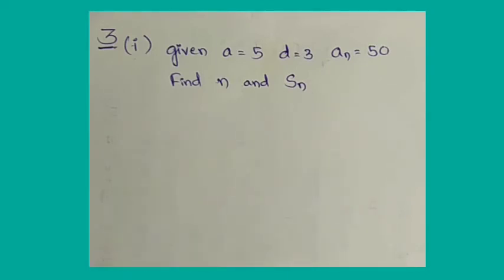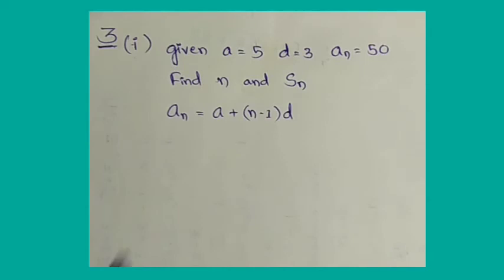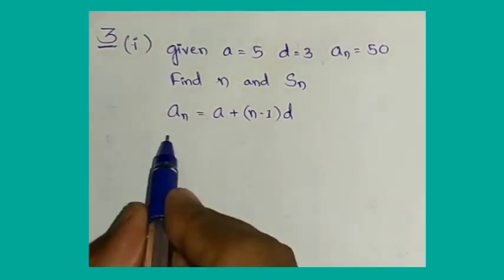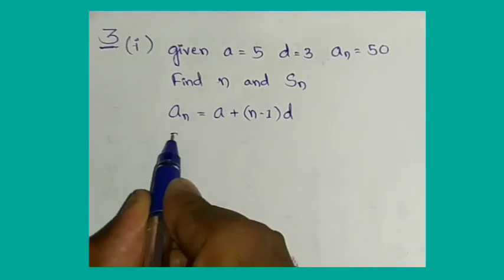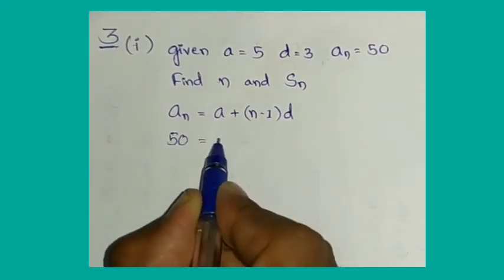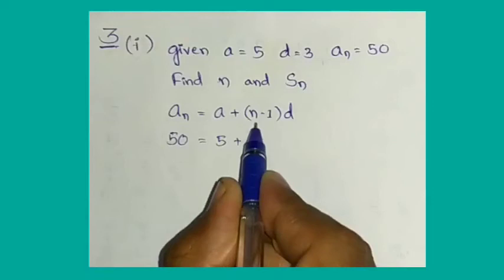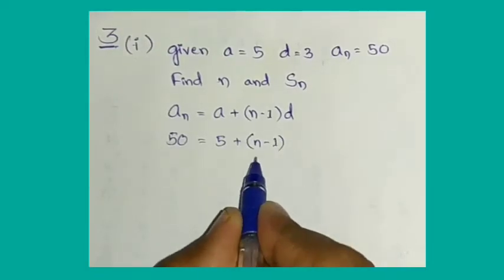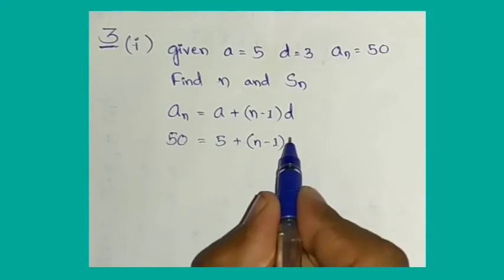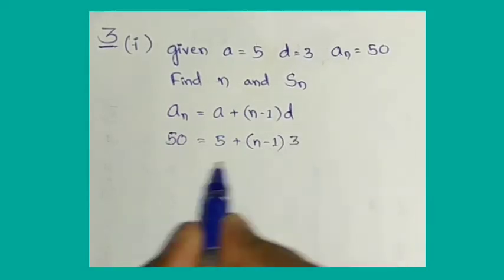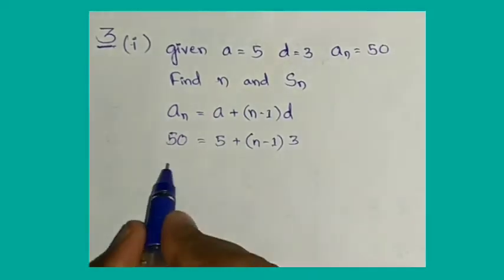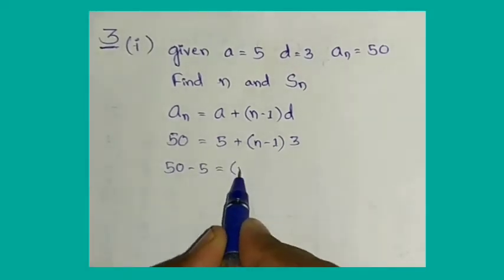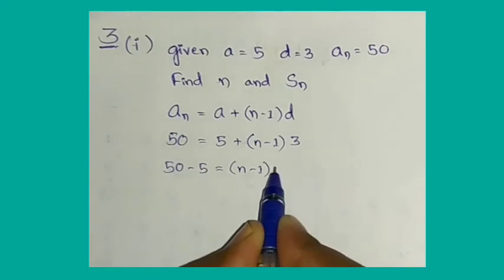So let's do it. Our formula: an equal to a plus n minus 1 into d. So substitute the values. So an is 50, a is 5 plus n minus 1 into d, d is 3. So if I take 5 to the left side, it becomes 50 minus 5 equals n minus 1 into 3.